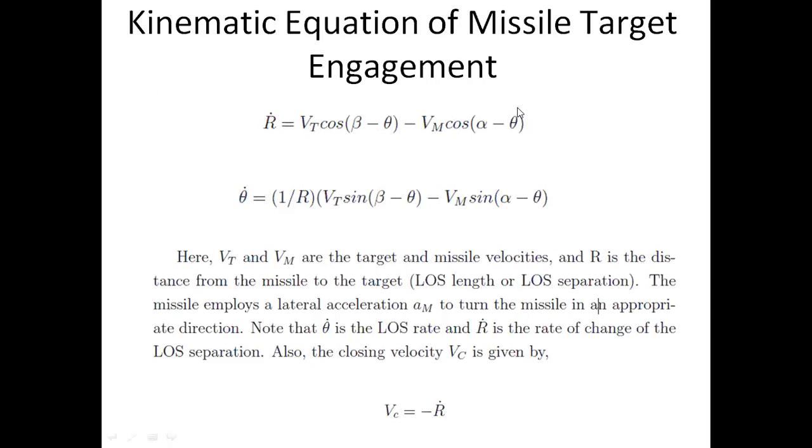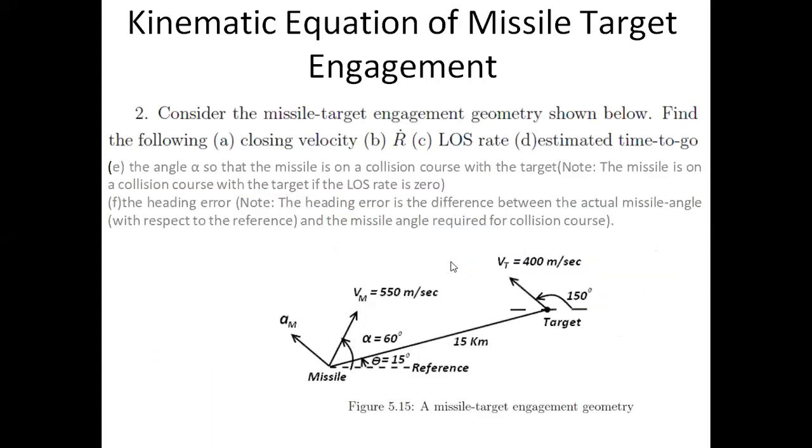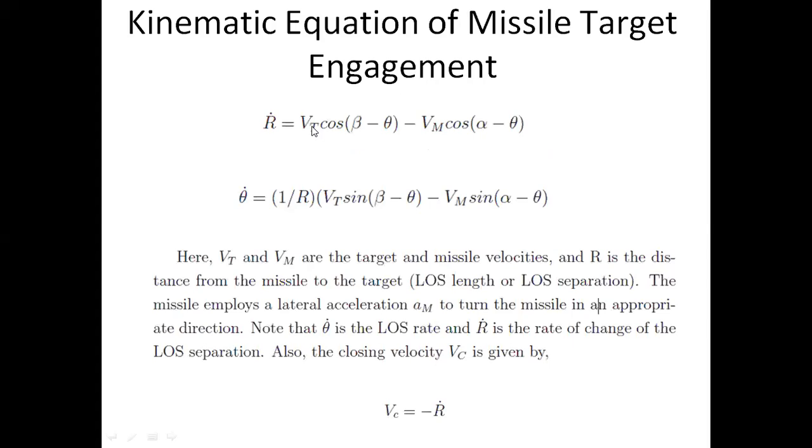Is it clear? Okay, based on these equations, we'll go to one numerical. A missile-target engagement geometry is given. We want to find the closing velocity, R dot, LOS rate, and the time to go. Closing velocity is Vm cos(alpha minus theta) minus Vt cos(beta minus theta).